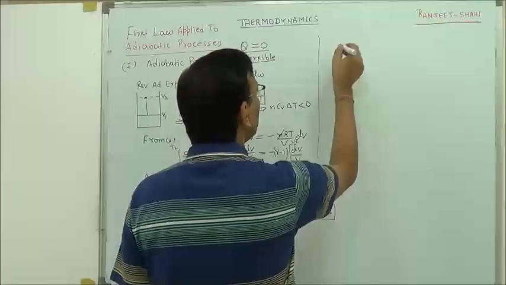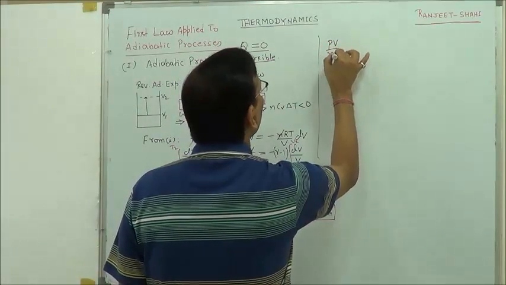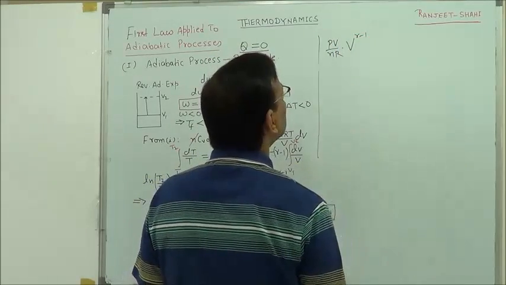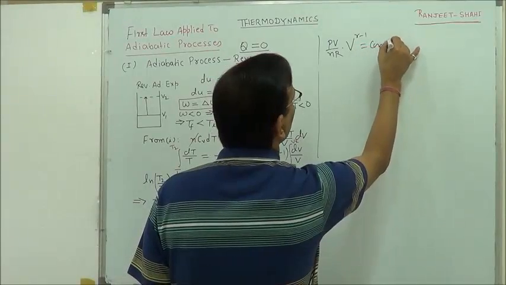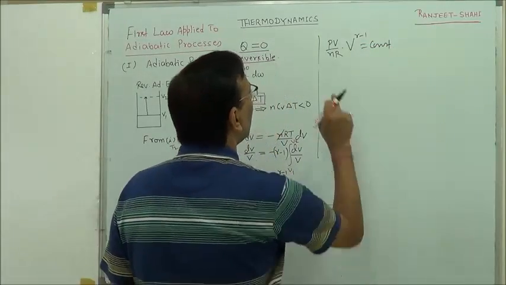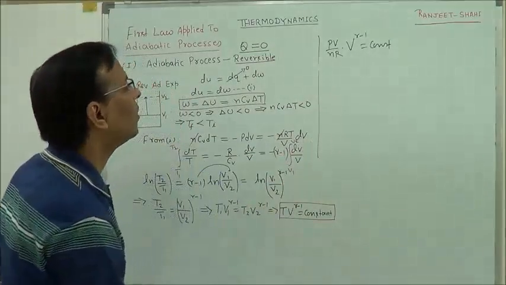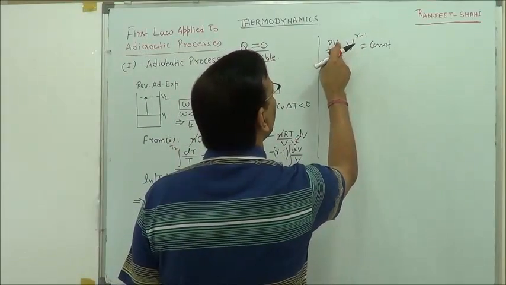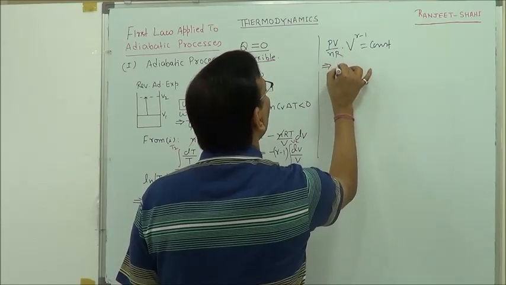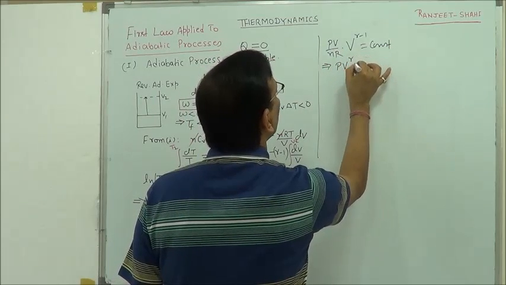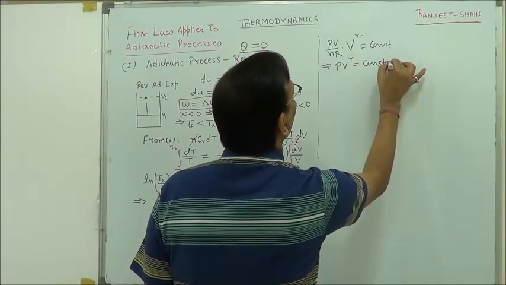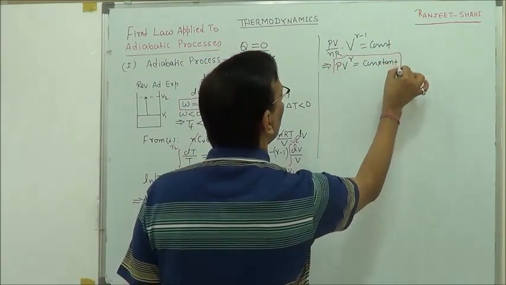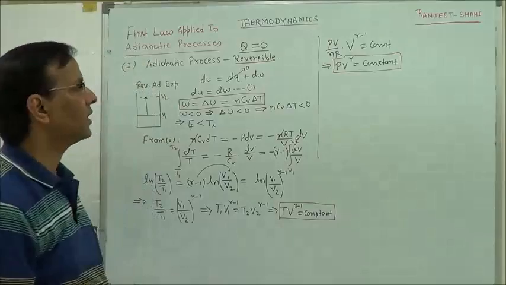So if we substitute this T by PV upon nR into V raised to the power gamma minus 1 is equal to constant for a given system. n will be constant, R will be constant. So V raised to the power gamma minus 1 plus 1 for one more V. So it will become PV raised to the power gamma is equal to constant. This is another relation we use in reversible adiabatic process.